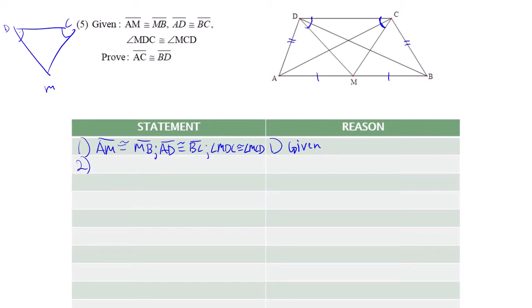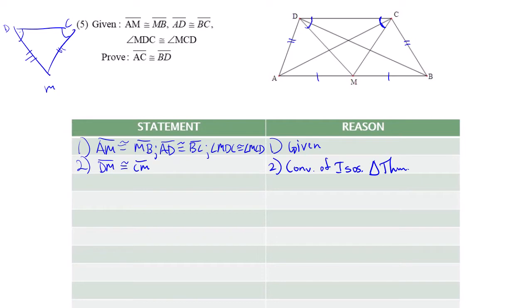And so we can say that DM is congruent to CM, and that's by the converse of the isosceles triangle theorem. Okay. All right.